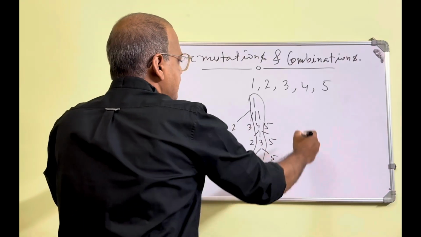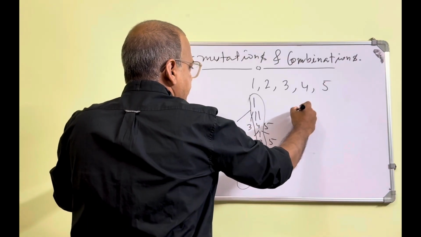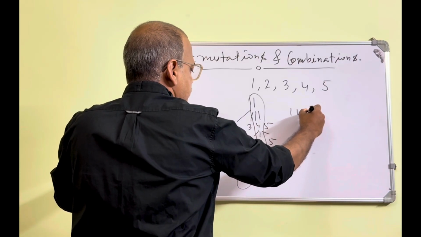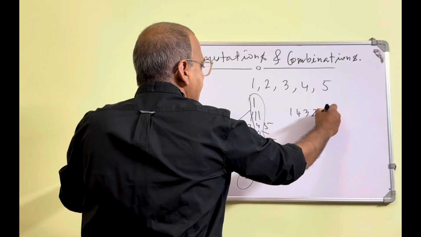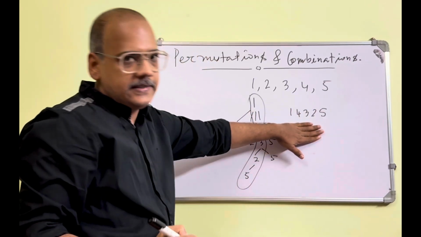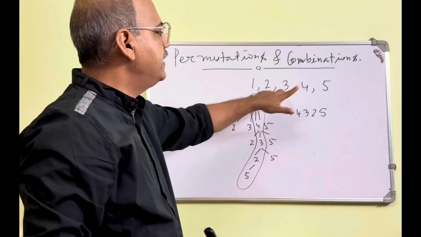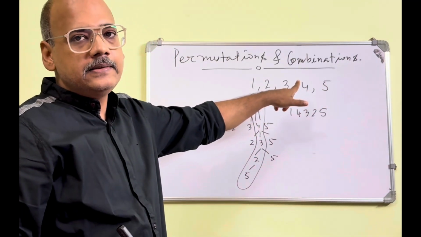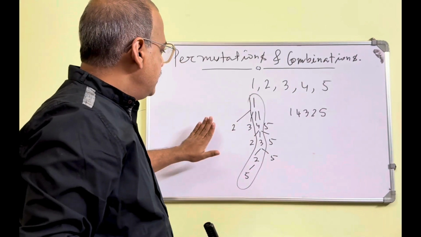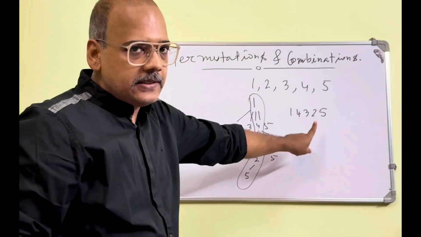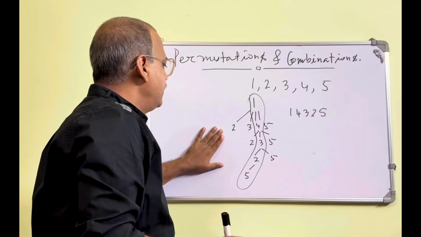So the number that can be formed is 1, 4, 3, 2, 5. This is one of the numbers. So how many such five-digit numbers can be formed with these five numbers? Let me explain this.